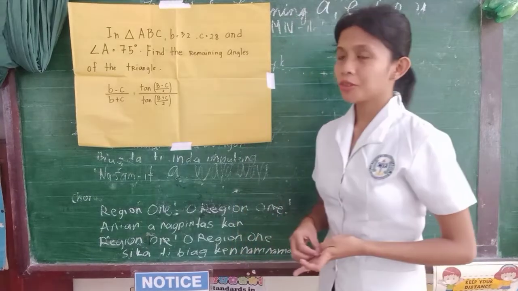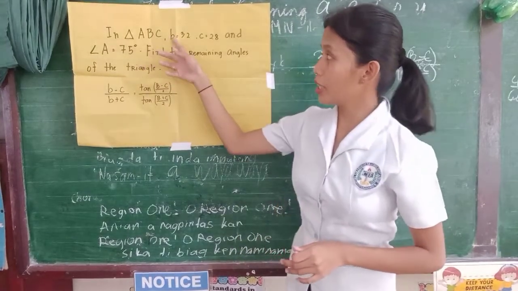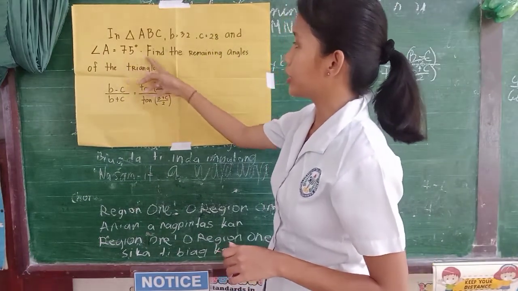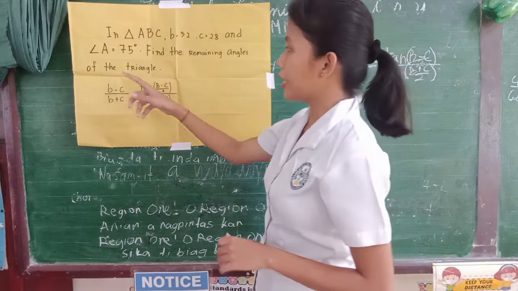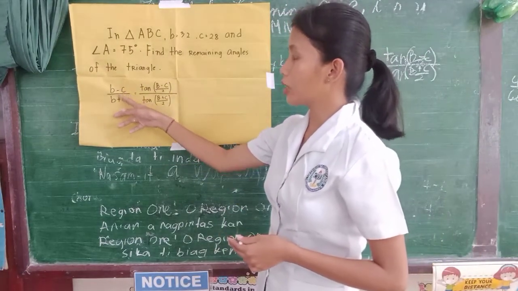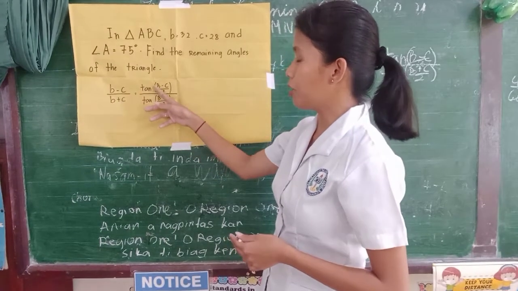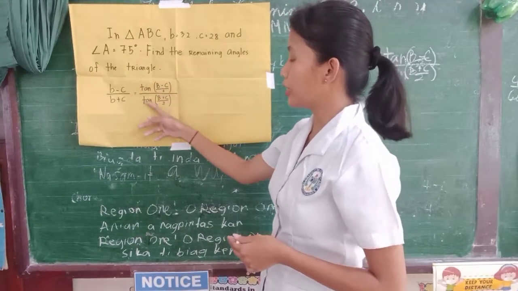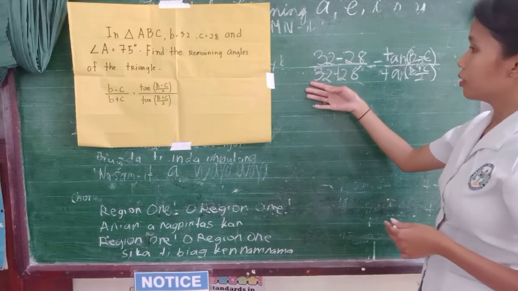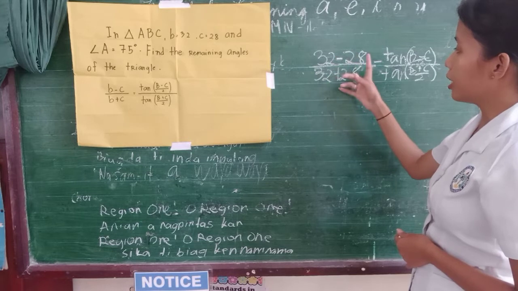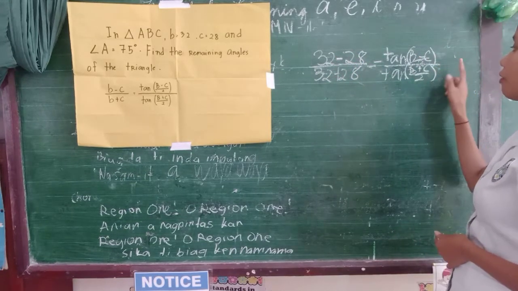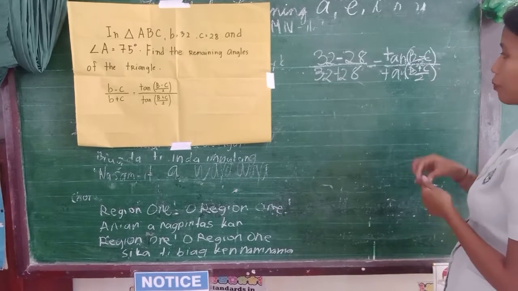In triangle ABC, B equals 32, C equals 28, and angle A equals 75 degrees. Find the remaining angles of the triangle. The formula for this is (B minus C) over (B plus C) equals tangent (B minus C) over 2 over tangent (B plus C) over 2. So, we will substitute it: 32 minus 28 over 32 plus 28 equals tangent (B minus C) over 2 over tangent (B plus C) over 2.